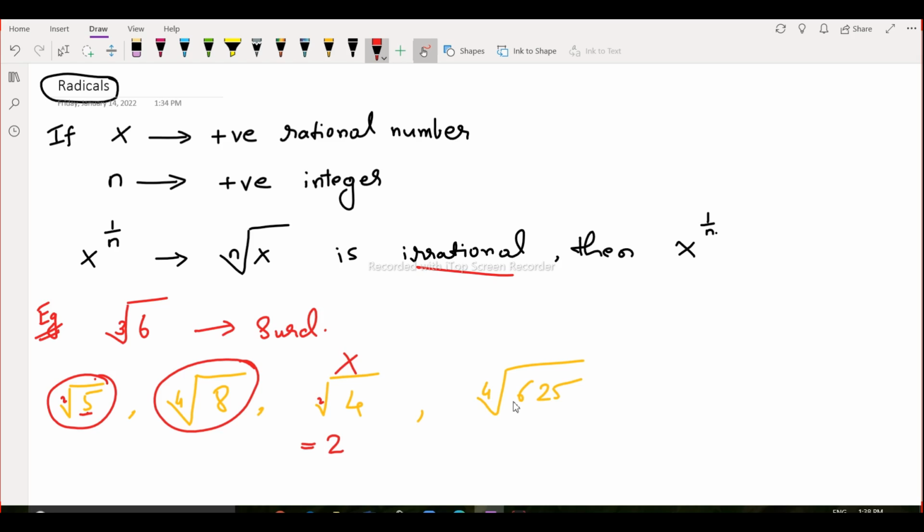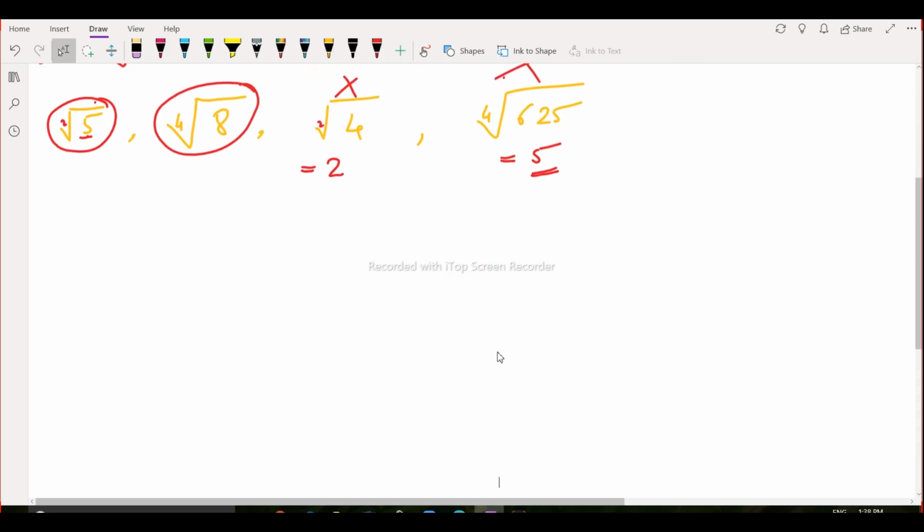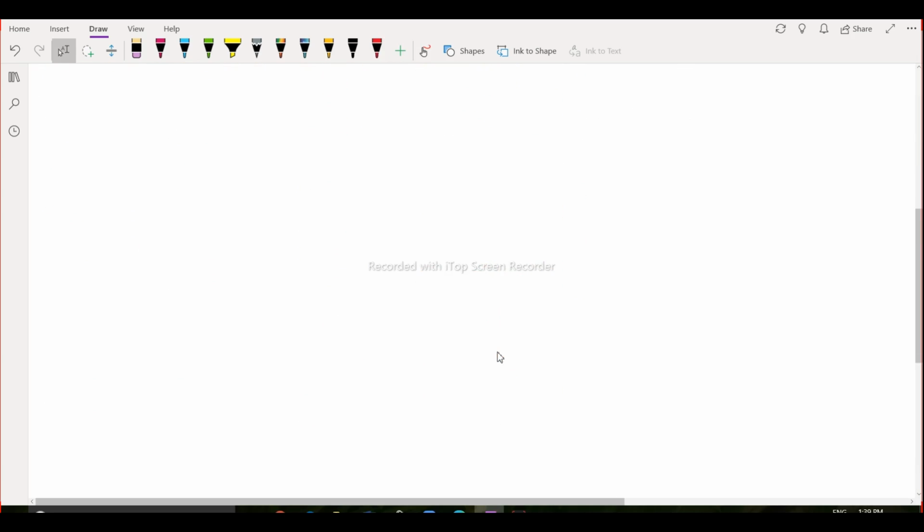But we know fourth root of 625 is not irrational, because 625 can be written as 5 into 5 into 5 into 5. So it's not a surd. So not every square root or cube root or fourth root will be a surd. You have to identify the conditions and then identify whether it's a surd or not.